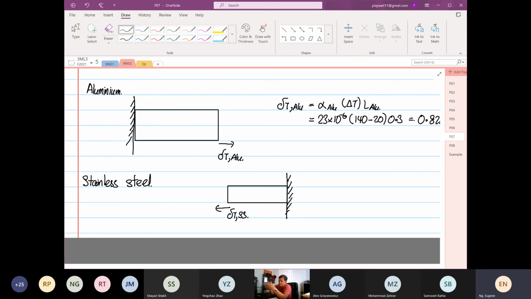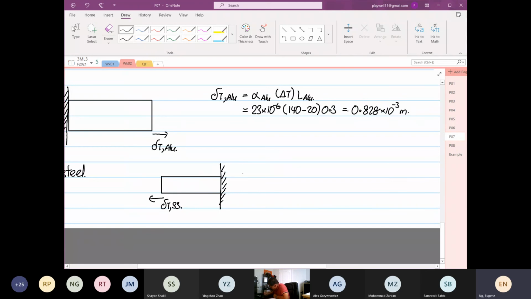There's nothing positive or negative. The delta T will be positive, so it will increase in length. So don't have the impression that if it's going towards the right it's positive. An increase in length means tensile, and a decrease in length is compression.